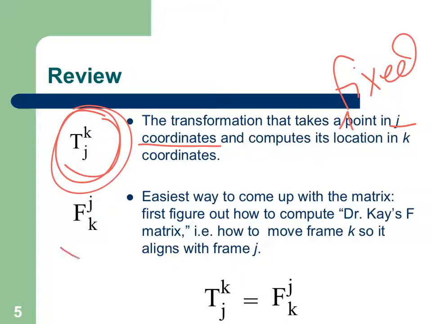And again, this F is my personal notation, which is also equal to the T: T from J to K equals F from K to J. The easiest way to figure out the T matrix is first to figure out how to move the other way with the frame, that is, how to move frame K so it aligns with frame J.